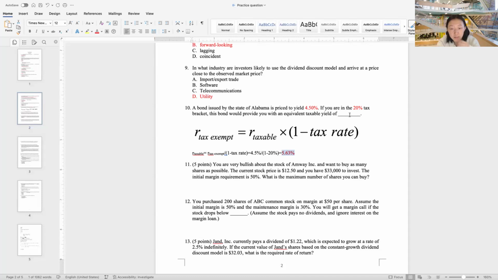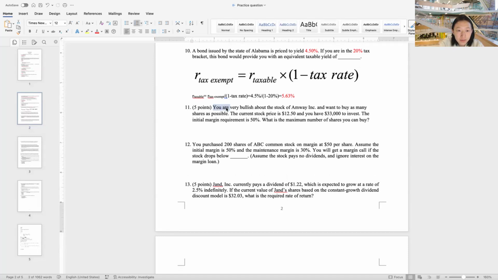For this person with this 20% tax bracket, investing in Alabama's municipal bond at 4.5% is equivalent to investing in a corporate bond at 5.63%. So if there's a corporate bond that gives a yield larger than 5.63%, then definitely choose that one. Yeah, so that's the idea.